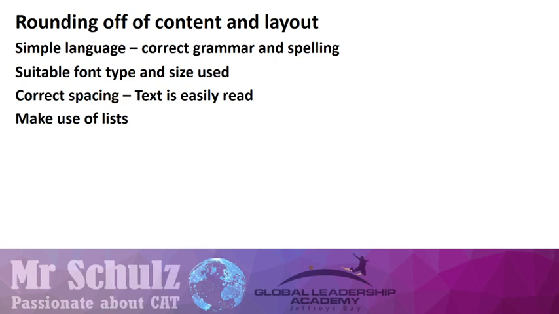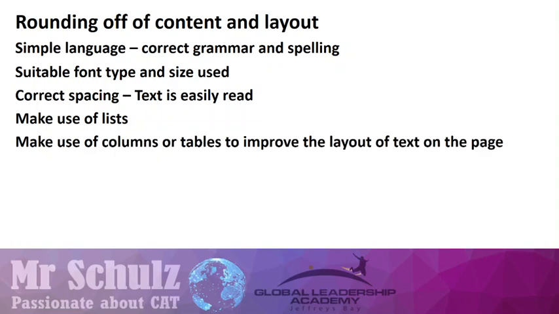Then you have to make use of lists, either bullet or number lists. We can make use of columns or tables to improve the layout of text on the page. We know how to use tab stops. Again, this is how you can control space within the document without having to press space or tabs multiple times.